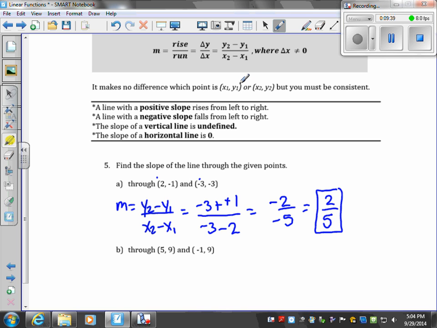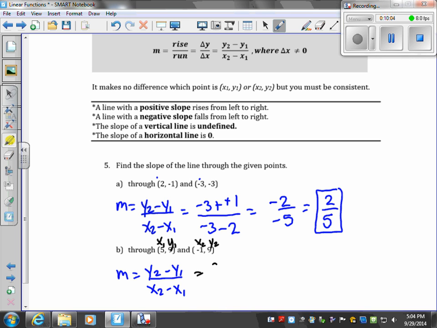Alright, and we'll look at B. y2 minus y1, x2 minus x1. And I didn't label them in the last one, but if it helps you to label x1, y1, x2, y2, then you can do that.